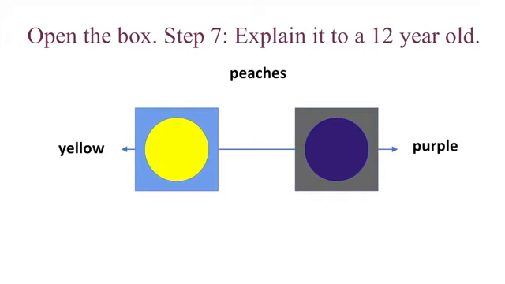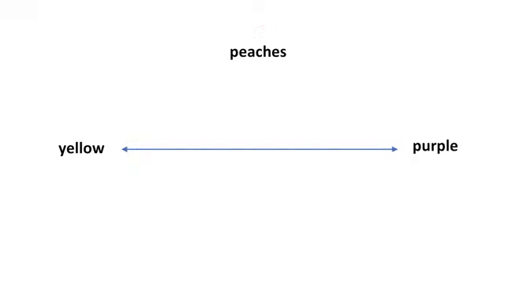So imagine you have peaches, and they can be any color between yellow and purple, and you would like to figure out which ones are good to eat. You'd like to know, in fact, if you get a new peach, based on its color, whether you should eat it or not. So what you do is you get a bunch of peaches, and you grab one and you try it. You get one that happens to be yellow, you taste it, it's good.